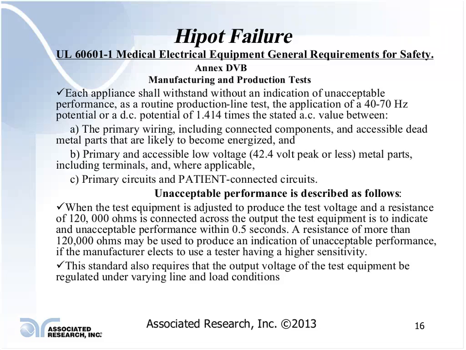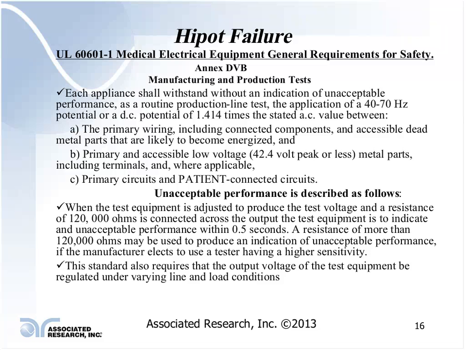Okay. Unacceptable performance is described as when the test equipment is adjusted to produce the test voltage, a resistance of 120,000 ohms is connected across the output. The test equipment is to indicate an unacceptable performance within 0.5 seconds.